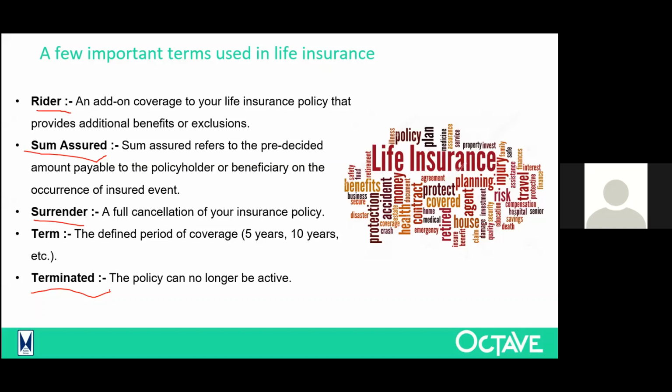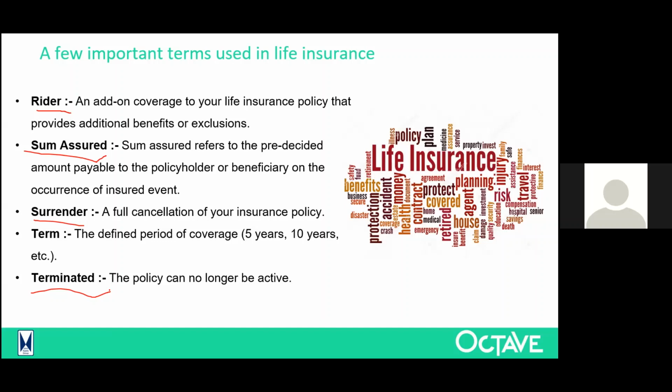What terminated means can be two things. First, if the policy is matured. Now, what does matured mean? Let's say you have a policy and you want the coverage for 10 years. Your policy has been active, it's been enforced, and you have done your payments for 10 years.